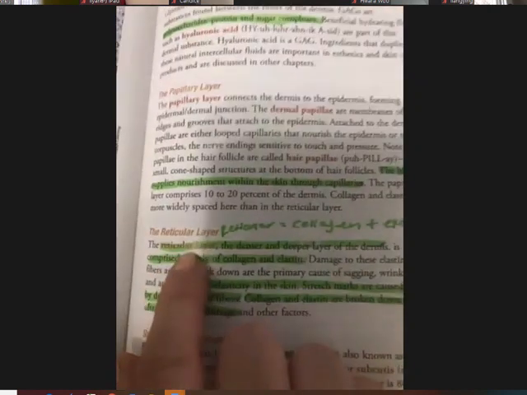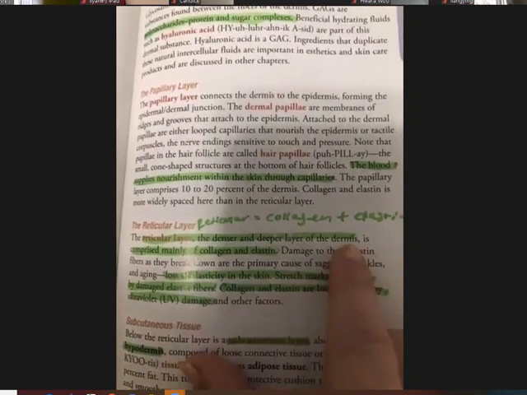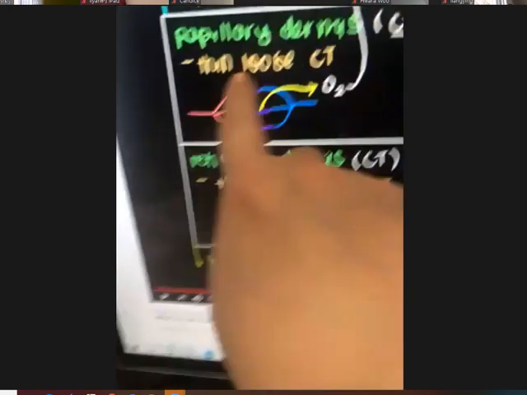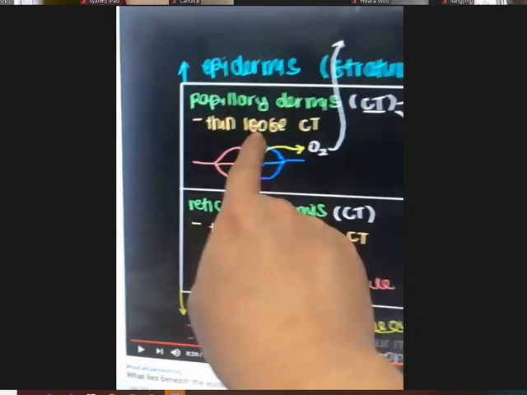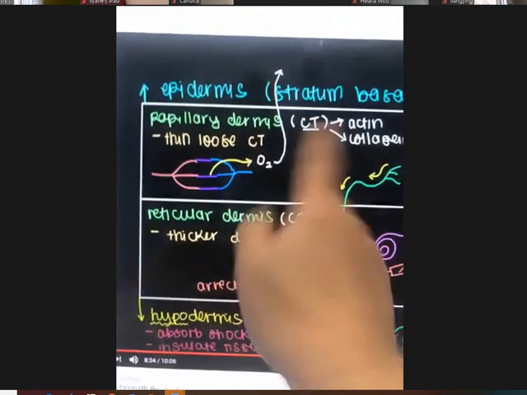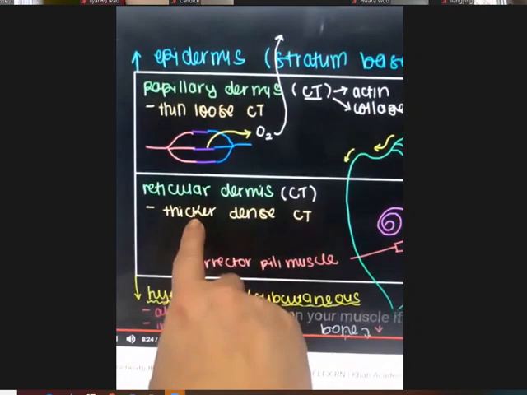The second layer, your reticular layer, is a denser and deeper layer of the dermis. Also, it's thicker. Denser means what? It's tighter. The papillary layer is loose.